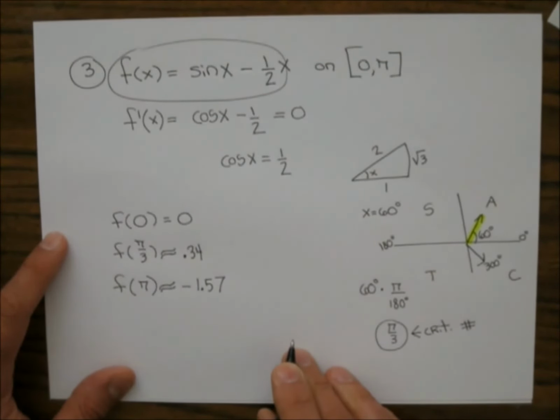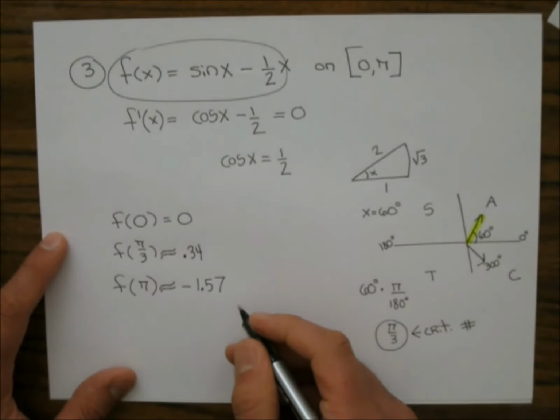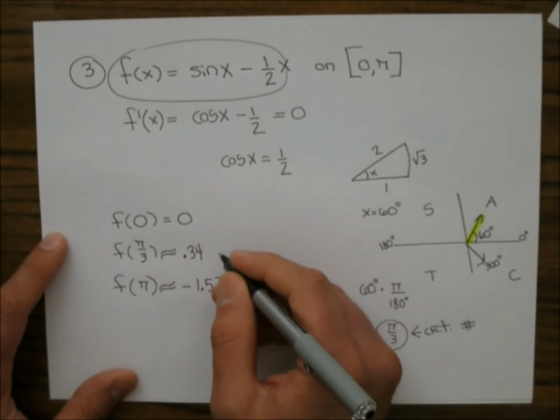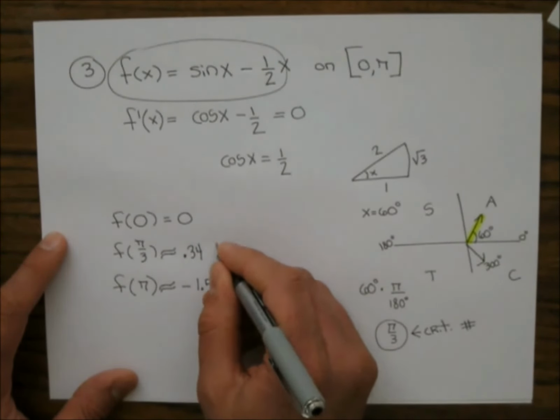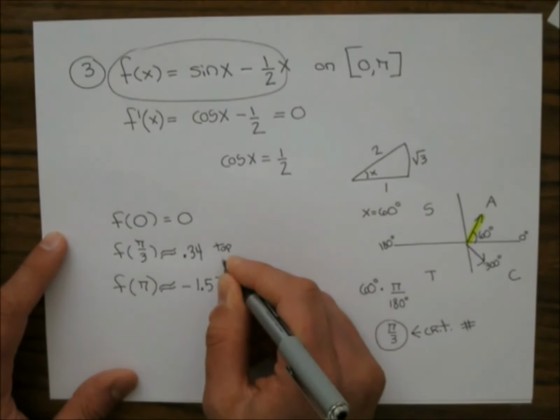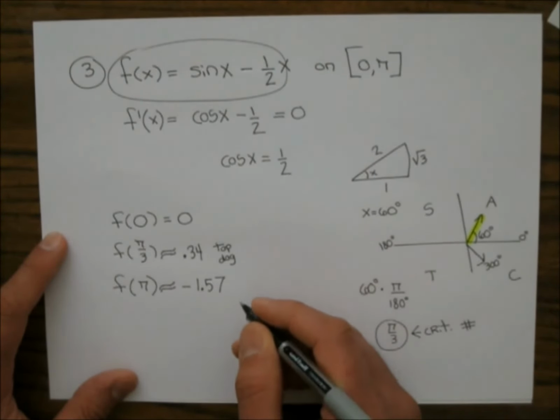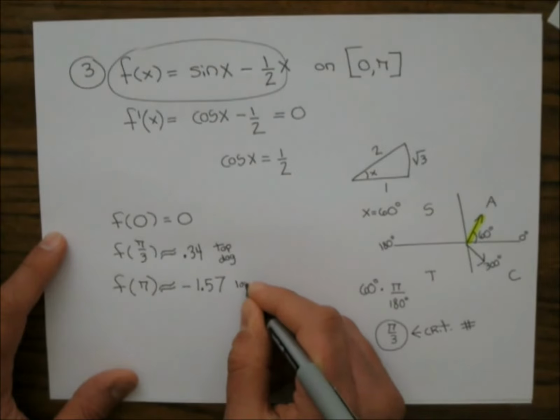And which one is the top dog here? Which one is the high? The top dog is going to be the highest number we see here, which is this guy right here. And the bottom dog, or the low, is this guy right here.